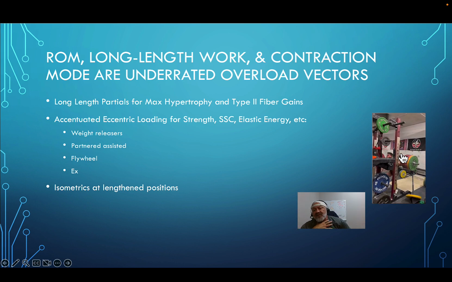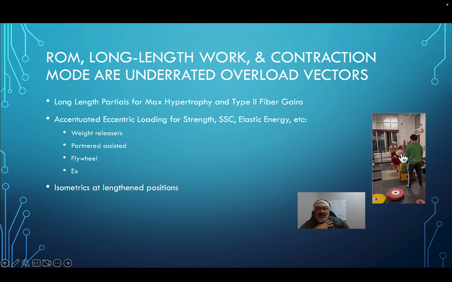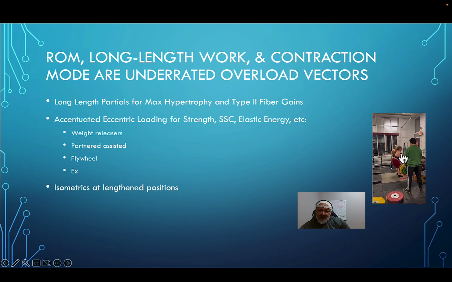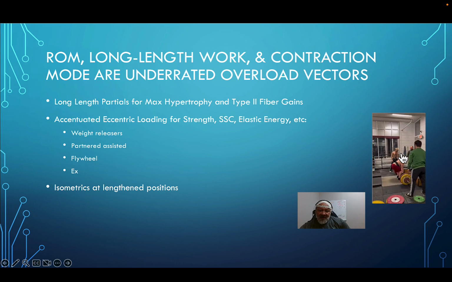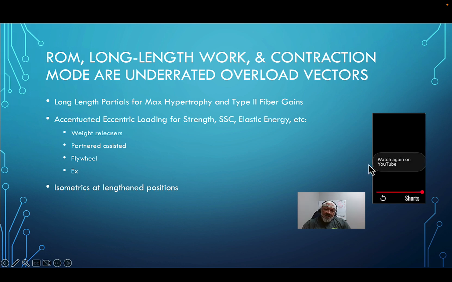So doing sets of three might be your best bet using weight releasers. Here's the partner assisted eccentric, accentuating eccentric load. A couple of great ways to use that. Isometric lengthened positions are also good.